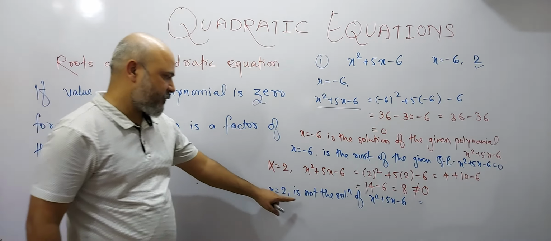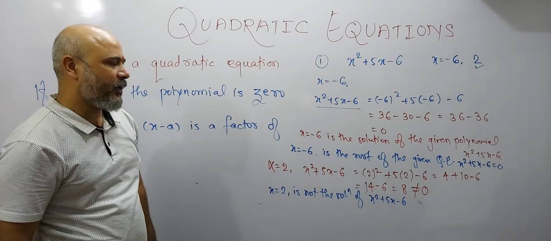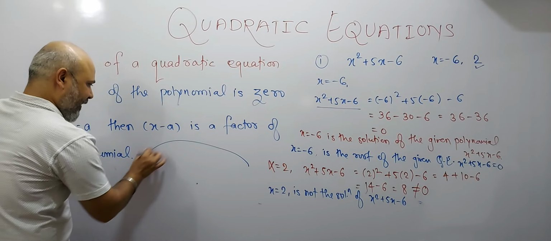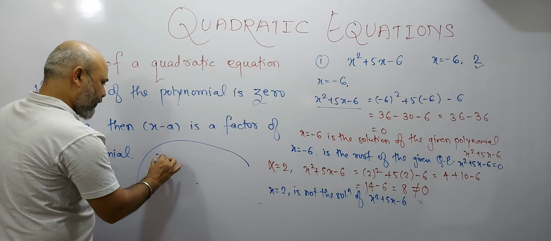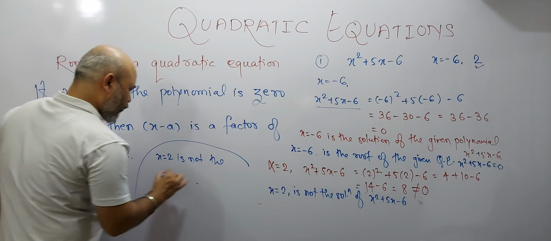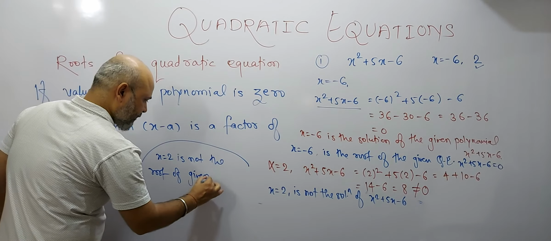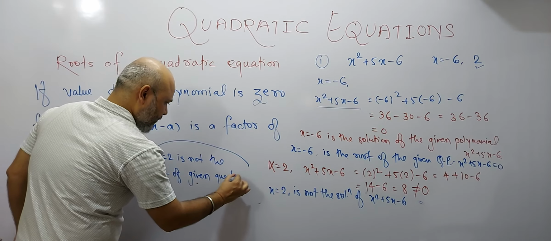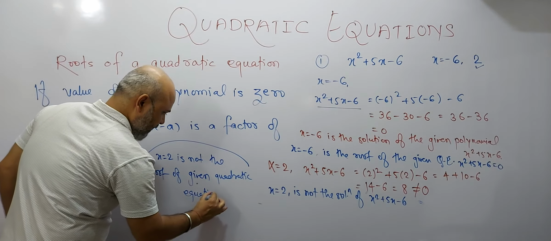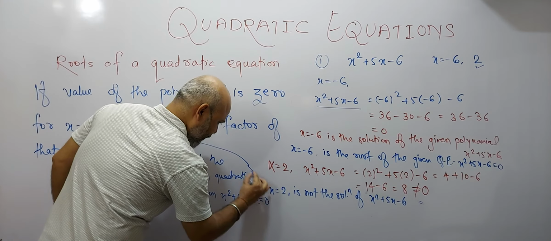And finally, similarly we can say that x is equal to 2 is not the root of the given quadratic equation x square plus 5x minus 6 is equal to 0.